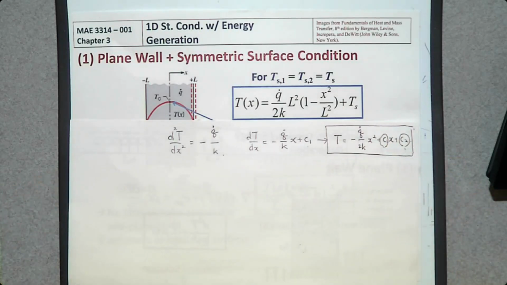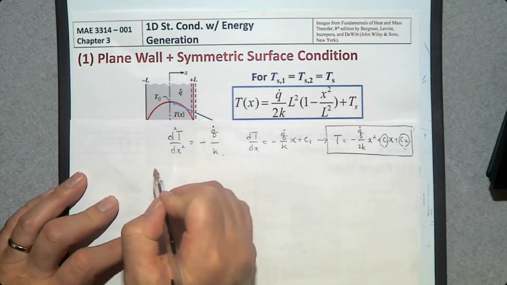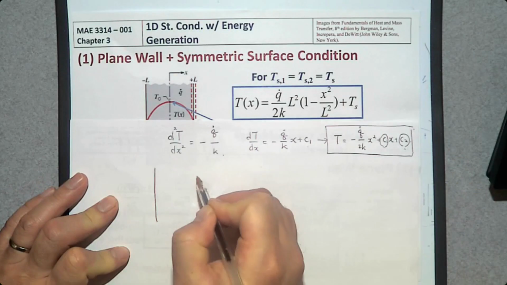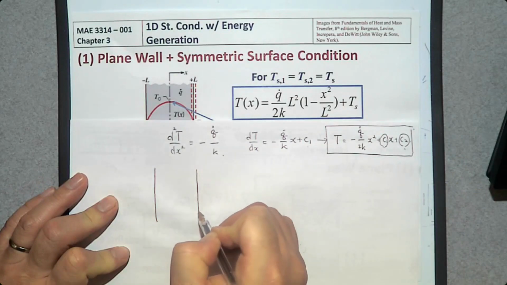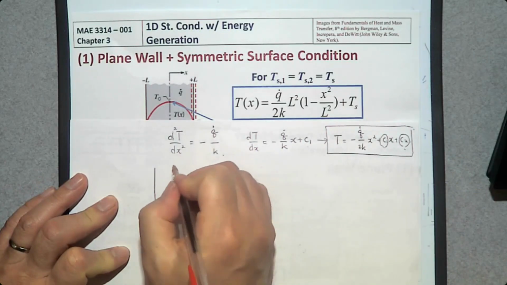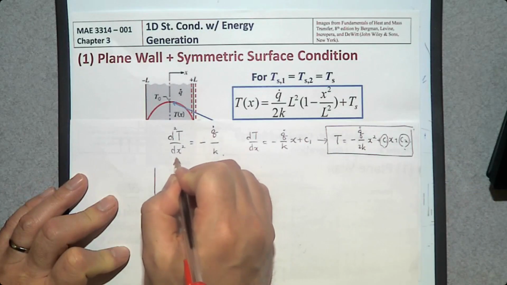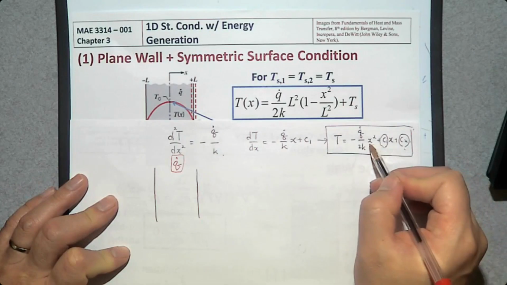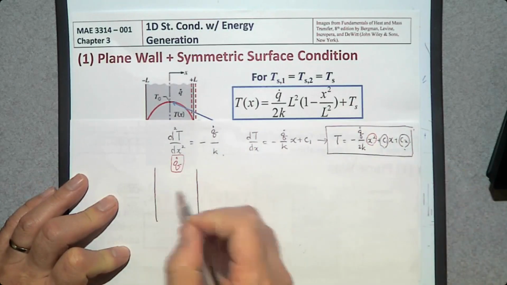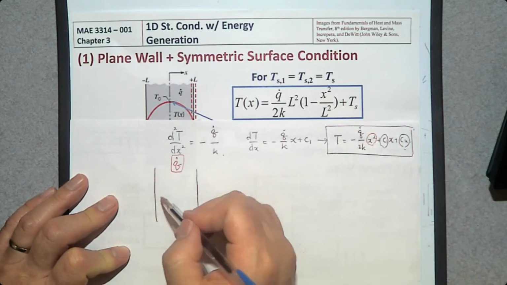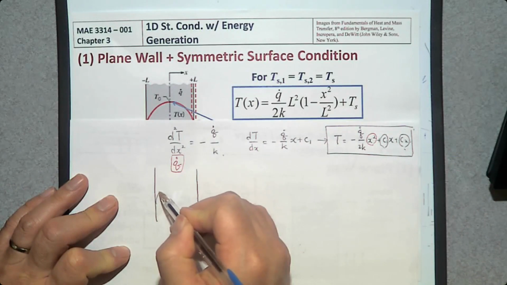So we assume that we have a symmetric boundary condition, which means we have a plane wall and there's a heat generation within this plane wall of the amount q dot. Because of this q dot, as you can see, the temperature distribution is going to be this shape.